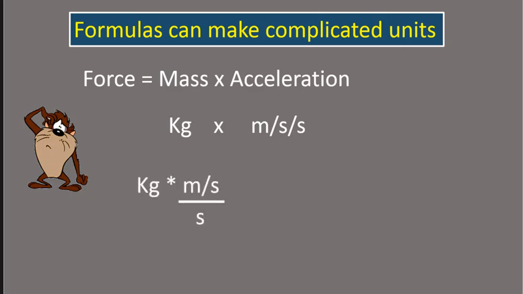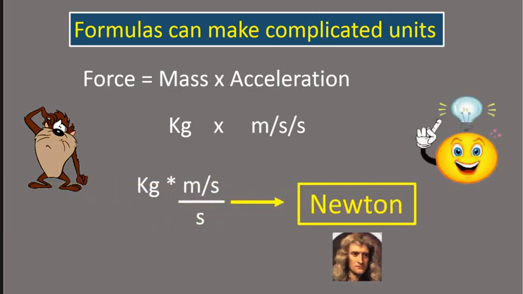So the final unit is going to be kilograms times meters per second per second. Now that's a mouthful. Because that's difficult to say in a very complicated unit, we just call it the Newton. So oftentimes when the unit is very complicated, they'll just simply name it after the scientist that developed the formula.